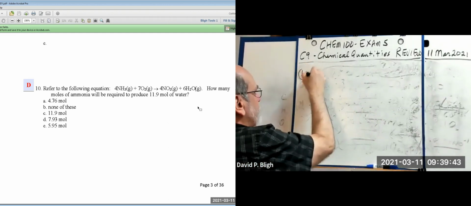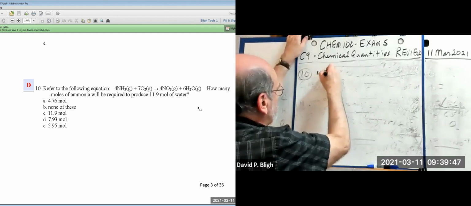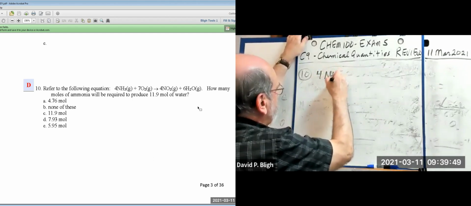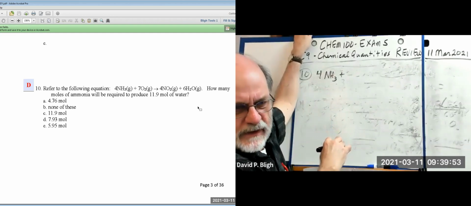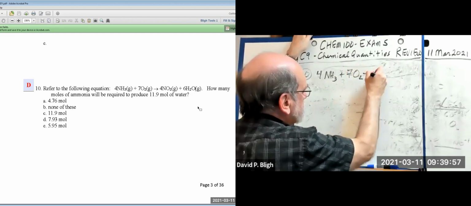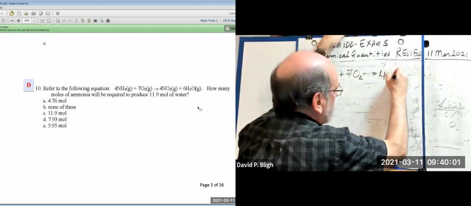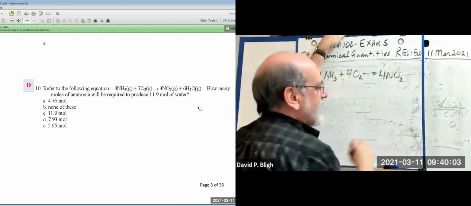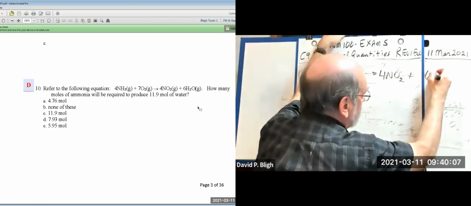Okay. So the reaction we're using is 4 ammonia, and they're all gases, so I'm going to leave that part out, 7 oxygens, 4 nitrogen dioxide, and 6 water.